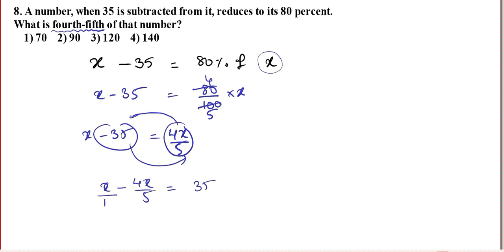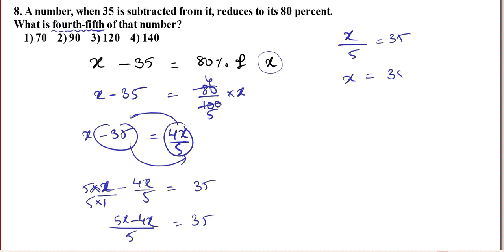If I take the LCM, here x means x by 1, so the LCM will be 5. To make this a 5, multiply by 5 by 5. So 5x minus 4x by 5 is equal to 35. 5x minus 4x means x, so x by 5 is equal to 35. From this, x is equal to 35 into 5, you get 175. Now, what are we asked to find?